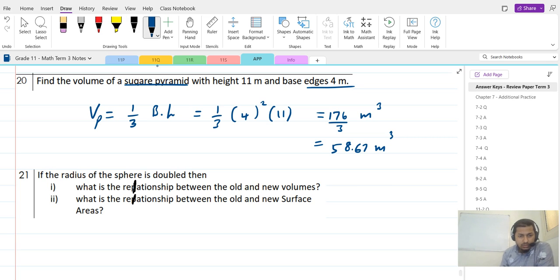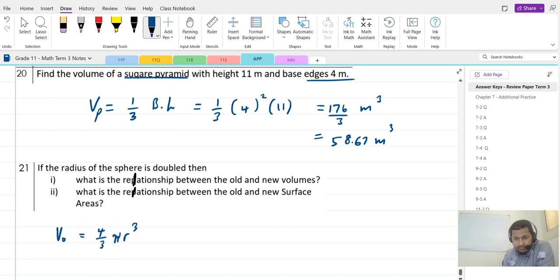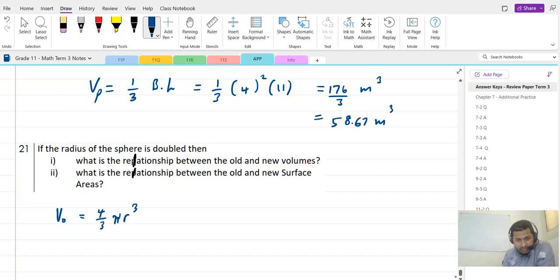So, what's the initial volume of a sphere? 4 over 3 pi r cubed, right? So we're going to call the initial radius R naught, the initial volume V naught, and the final volume, let's call it VF.